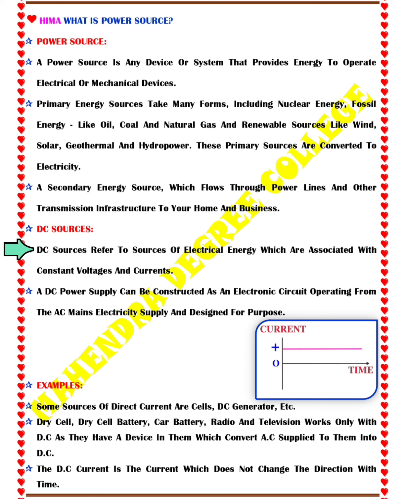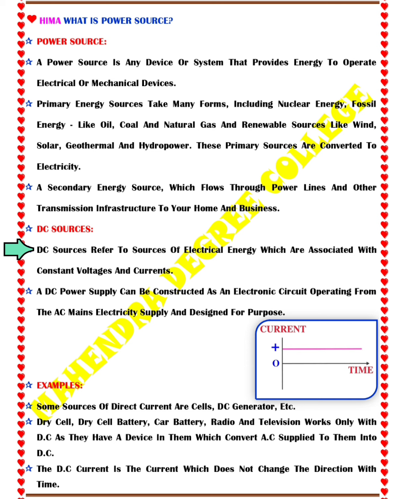DC sources are devices or systems that provide electrical power. Examples include batteries, solar cells, and DC generators.